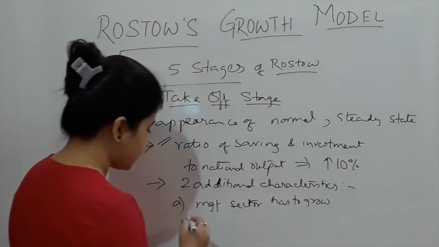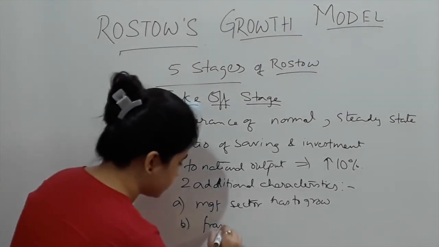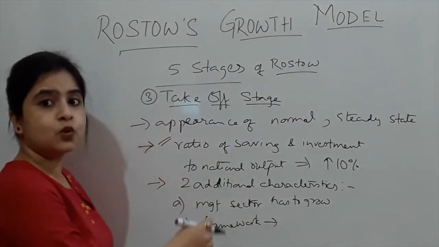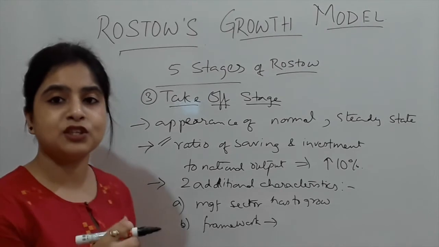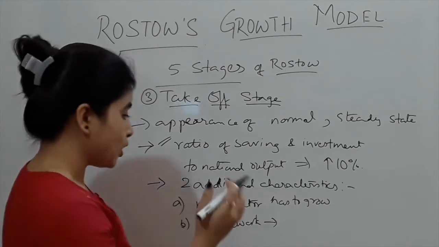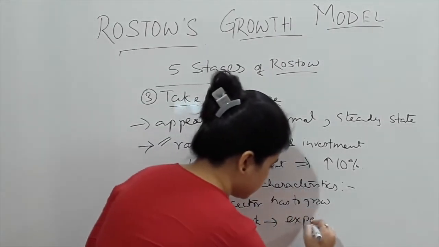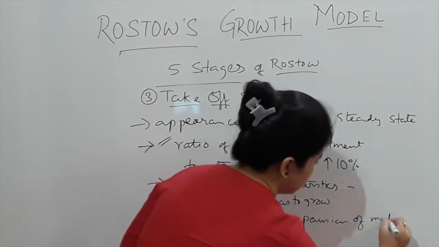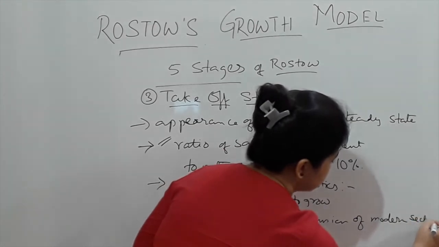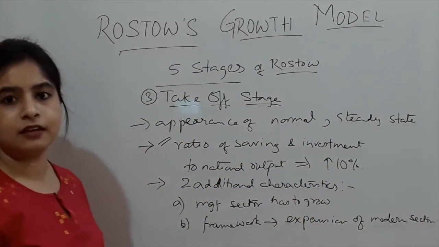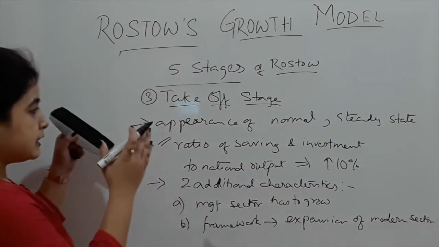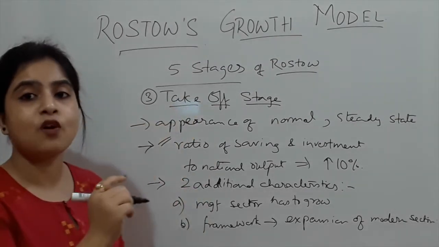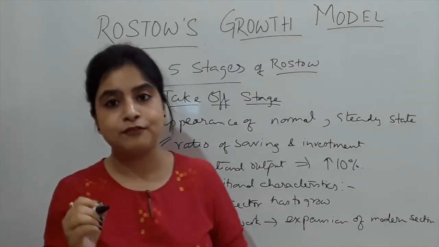Okay, so the second one is a framework, because this framework is going to support the expansion of the modern sector. Alright, and this takeoff stage has been described by Rostow as the industrial revolution.